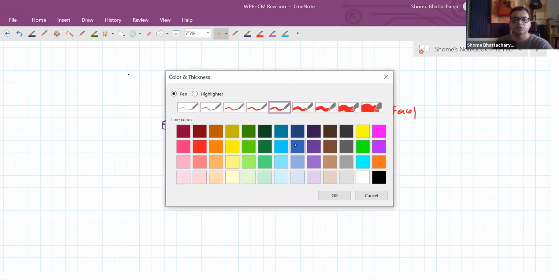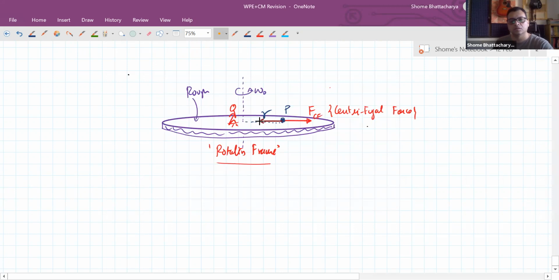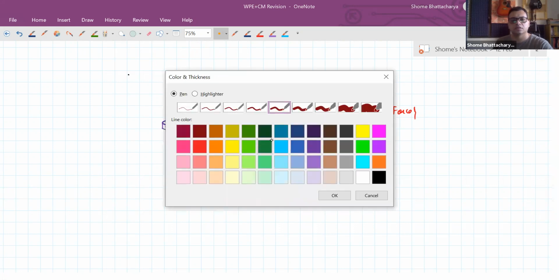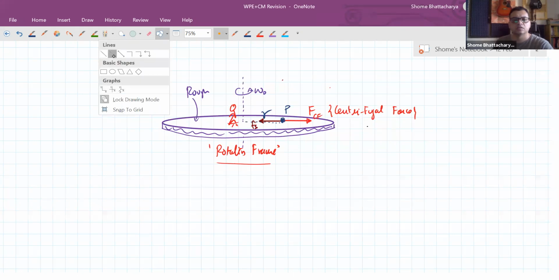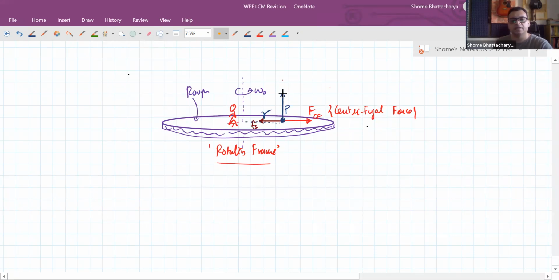And apart from this, of course, there is static friction acting like this, and weight and normal reaction balancing each other by acting like this.